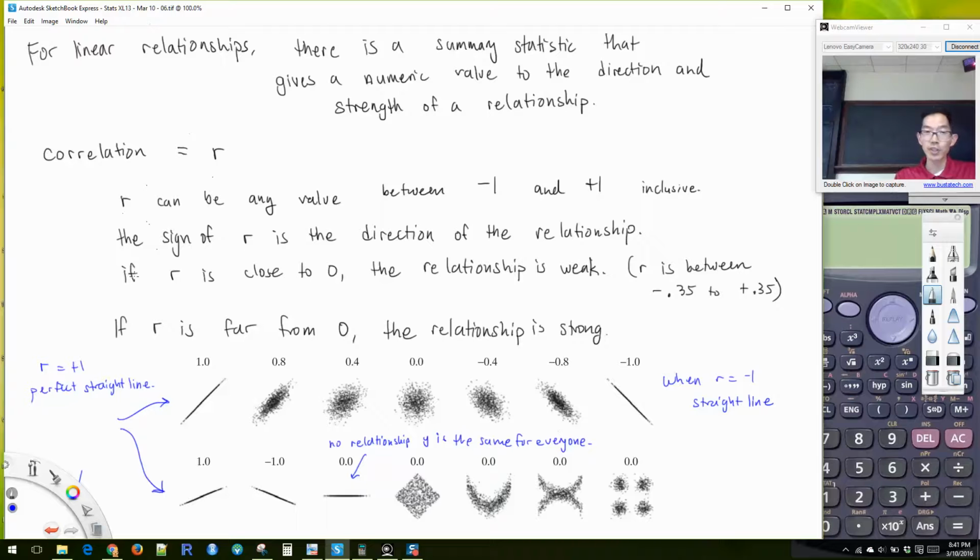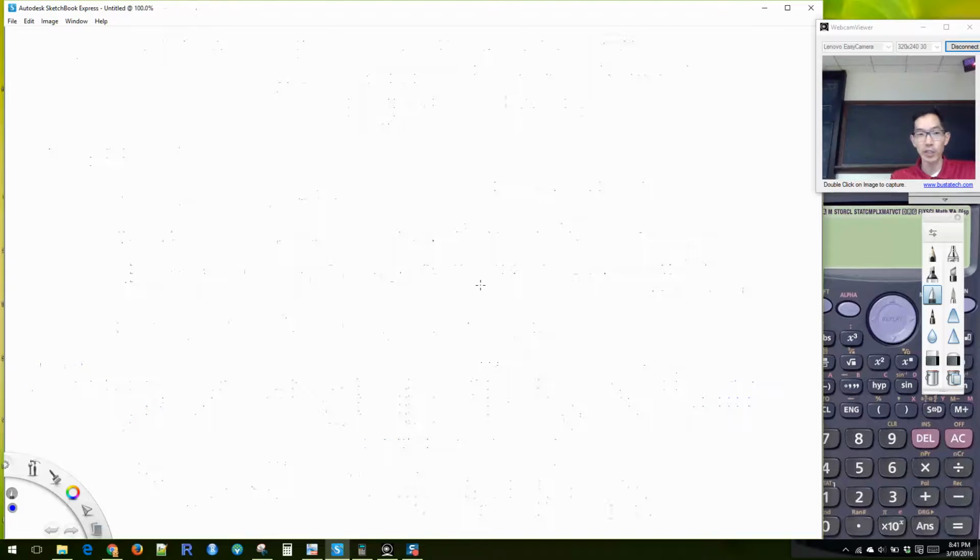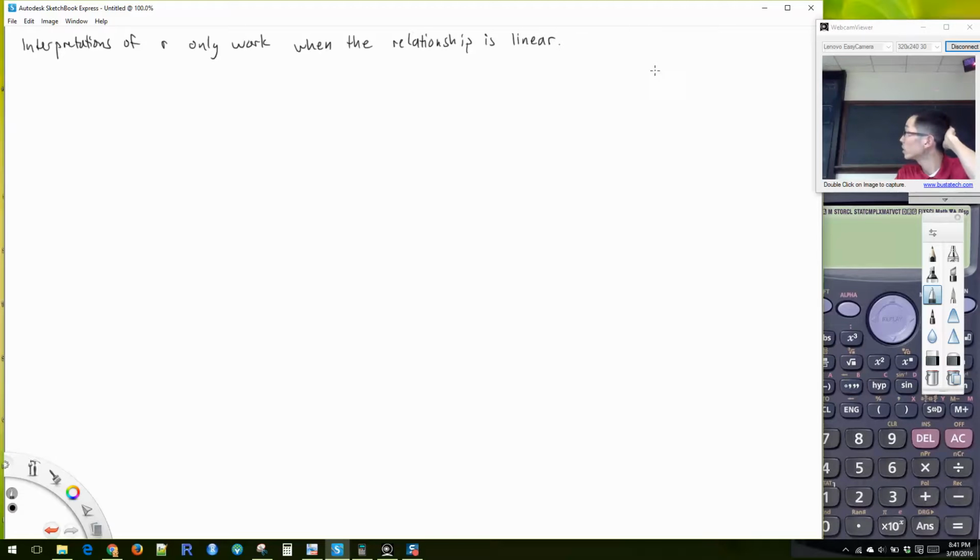These interpretations of R being strong or weak, positive or negative, only work when the relationship is linear. But R is just the result of a formula.